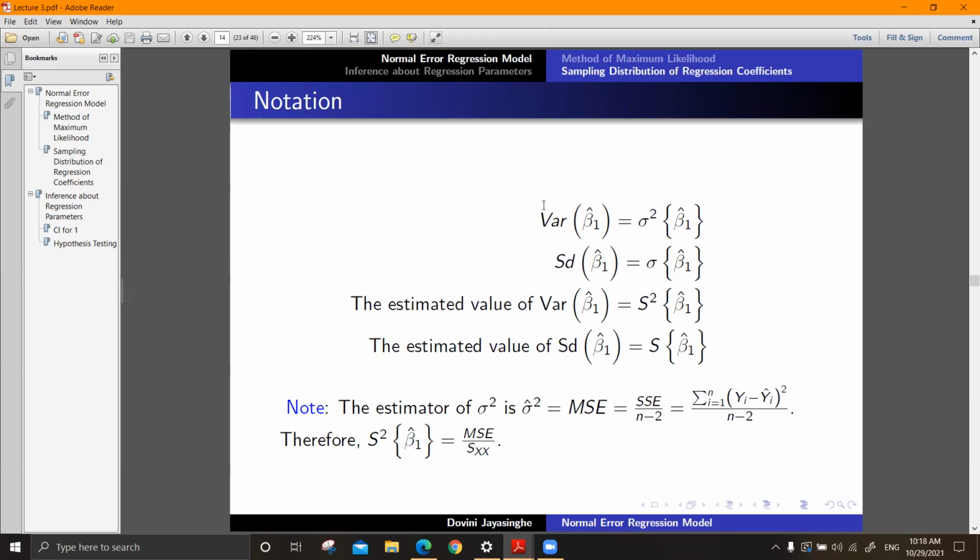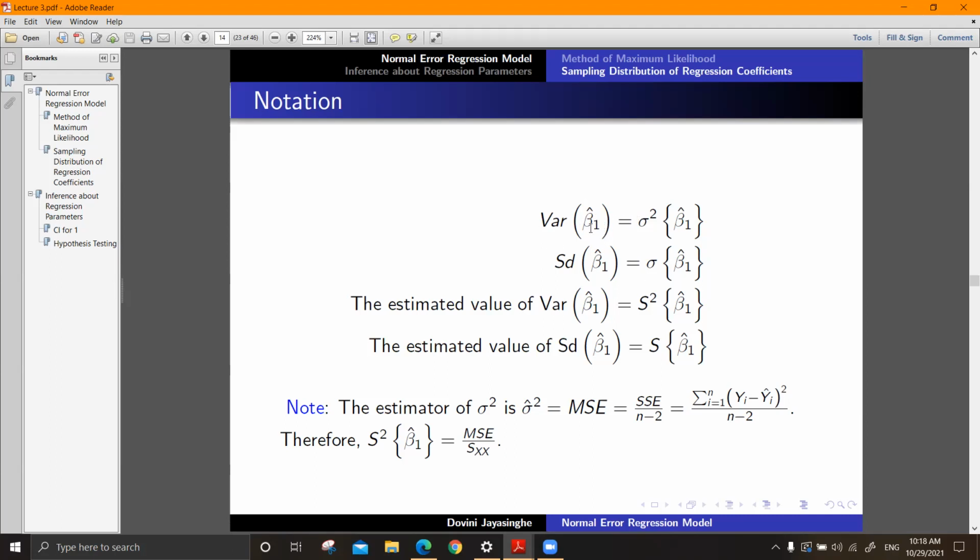So get used to this. If you want to compute the variance of this estimator, this is an estimate, it's not a parameter. You have a hat here, right? It's a function of observable random variables, I should say. Beta 1 hat is written in terms of x and y. So this is not a parameter. Seemingly it is a Greek letter, but not a parameter. There's a hat. Remember that.